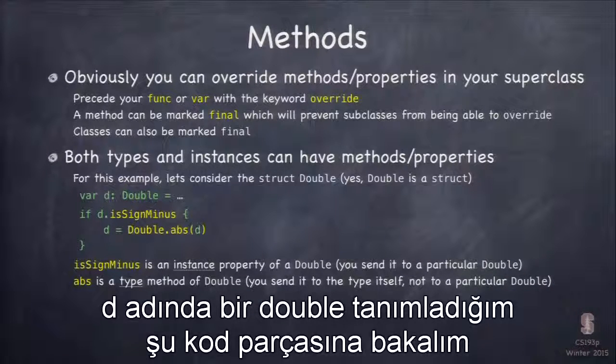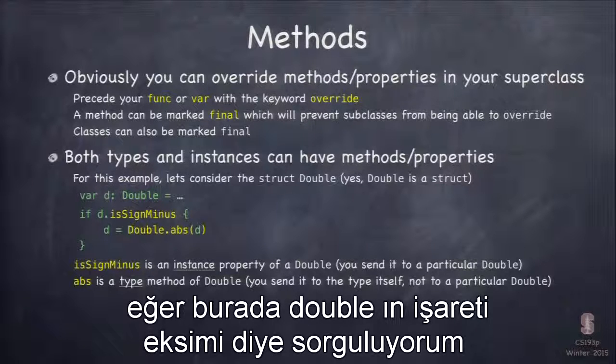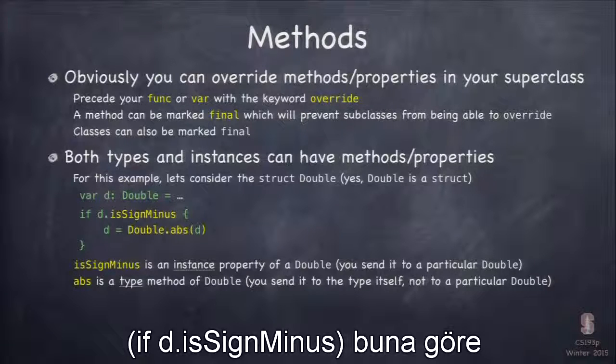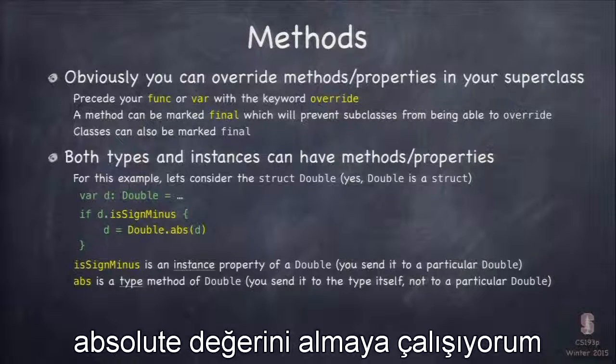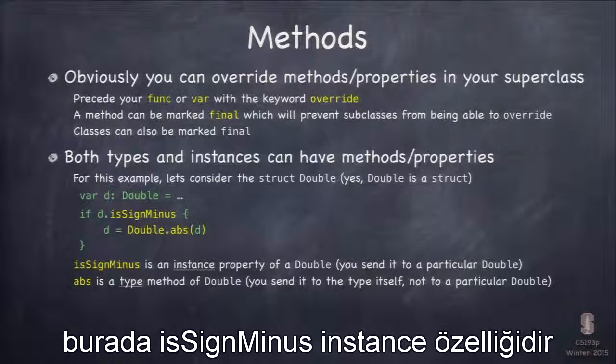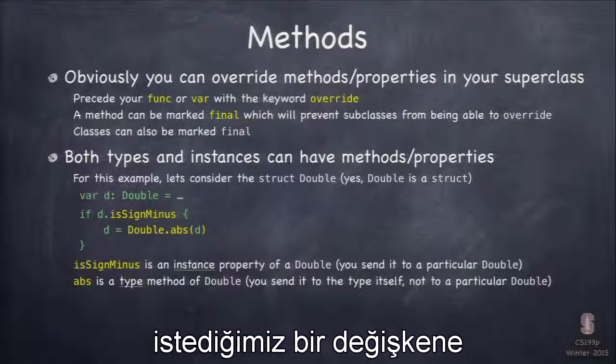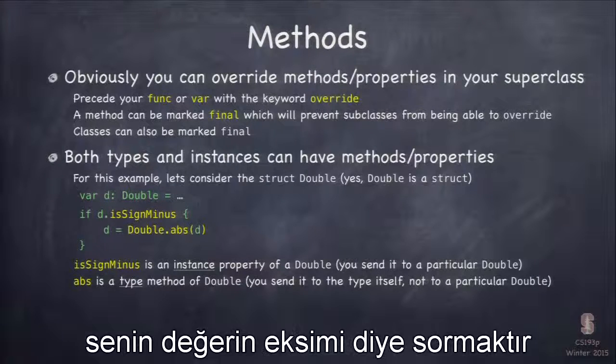Let's look at this piece of code right here. I've defined a var, which is a double. And I say if the double is sign minus, that means if it's a minus sign, it's negative, then I'm going to set the double to be the absolute value of the double. So is sign minus is an instance property. You send it to a particular double to ask it, is your sign minus?